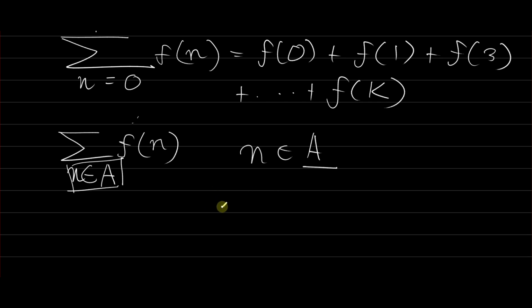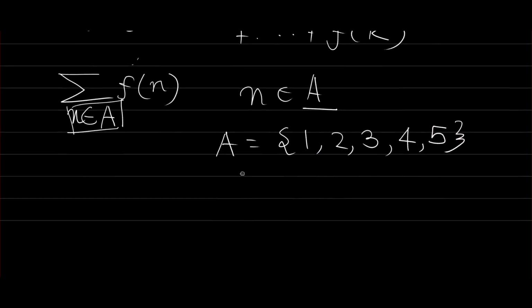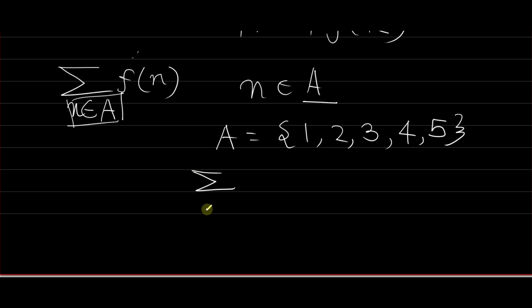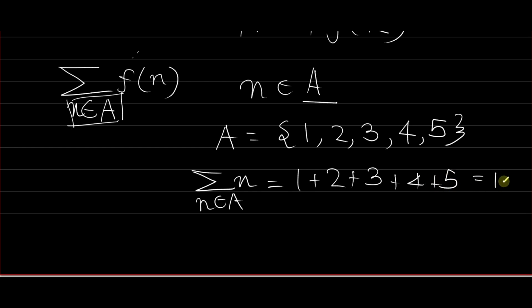So let's say I have set A equal to 1, 2, 3, 4, 5. I want to find sigma n belongs to set A of n. This is equal to 1 plus 2 plus 3 plus 4 plus 5, which is equal to 15.